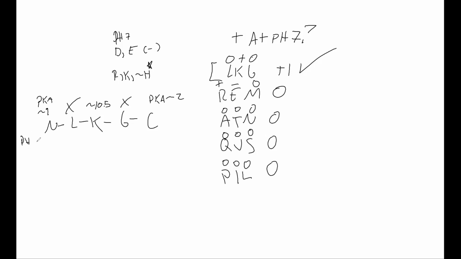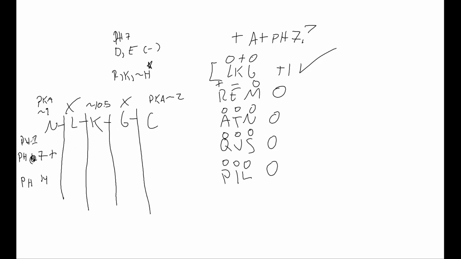So the type of question I like to ask for this is, what is the charge of this peptide at pH of 1, pH of 7, and pH of 14? So we just did 7. So let's do that. Let me make some lines here. Treat this like a table.